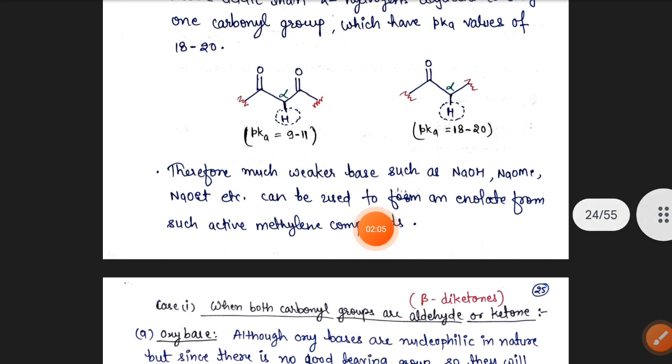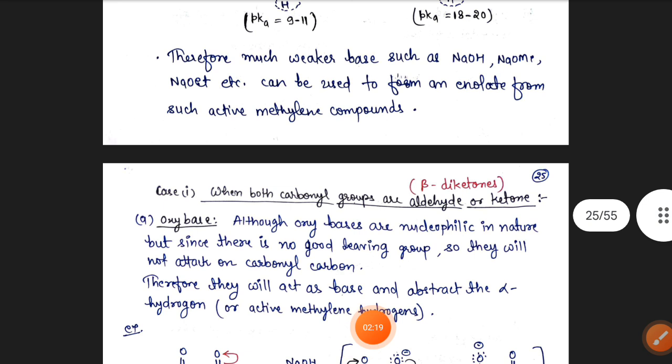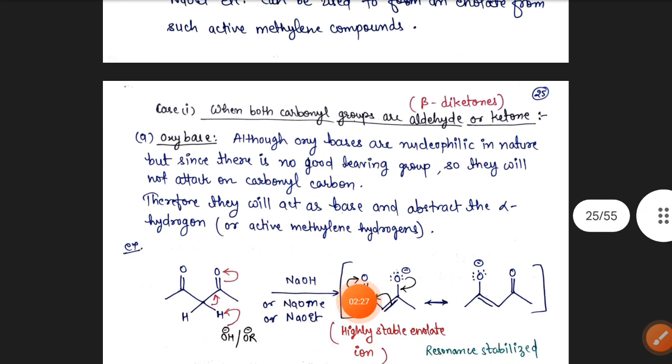Therefore, much weaker bases such as NaOH, NaOMe, NaOEt, that is sodium methoxide or sodium hydroxide, can be used to form an enolate from such active methylene compounds. So case 1: when both carbonyl groups are aldehyde or ketone, that is beta diketones. Oxybases are nucleophilic in nature, but since there is no good leaving group, they will not attack the carbonyl carbon.